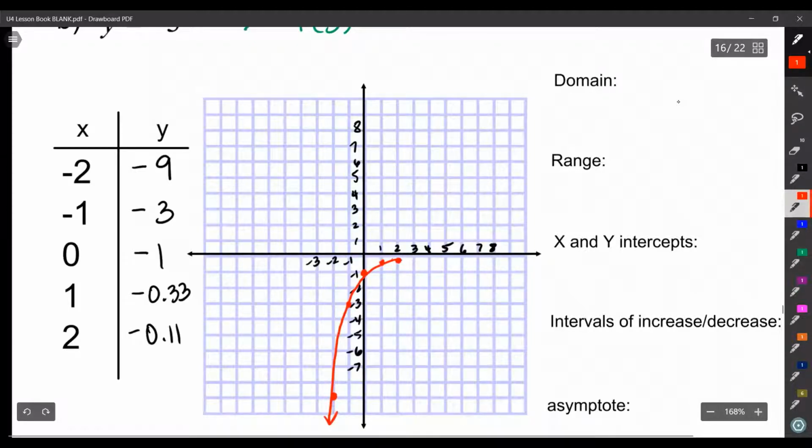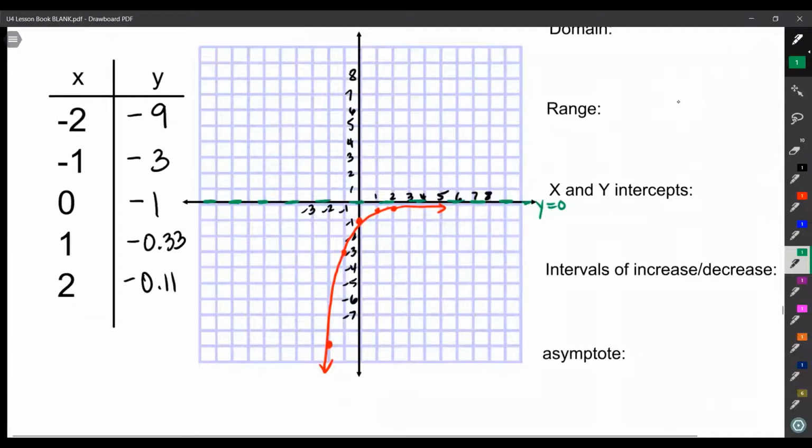And then on this side, if we keep going, this is just going to do what the other graph did, which is get closer and closer to 0, but it's never going to touch the x-axis. So again, we have this horizontal asymptote lying along y equals 0, or in other words, the x-axis. So you can fill that in for asymptote down here.